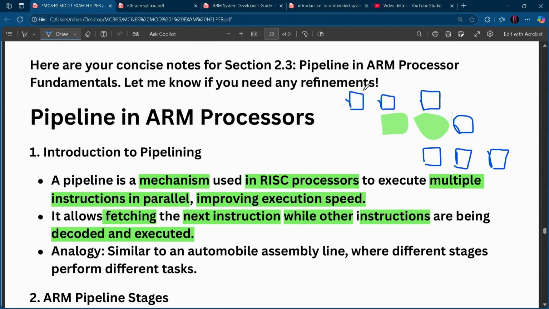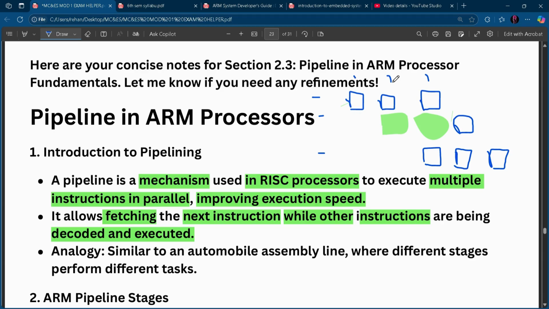So here you have 1 clock cycle, 2 clock cycle, 3 clock cycle, and instruction 1, instruction 2, instruction 3. For the first instruction, the program counter points to the instruction and it is fetched, whereas the others are nothing yet. In the first cycle, only fetching has happened for the first instruction.